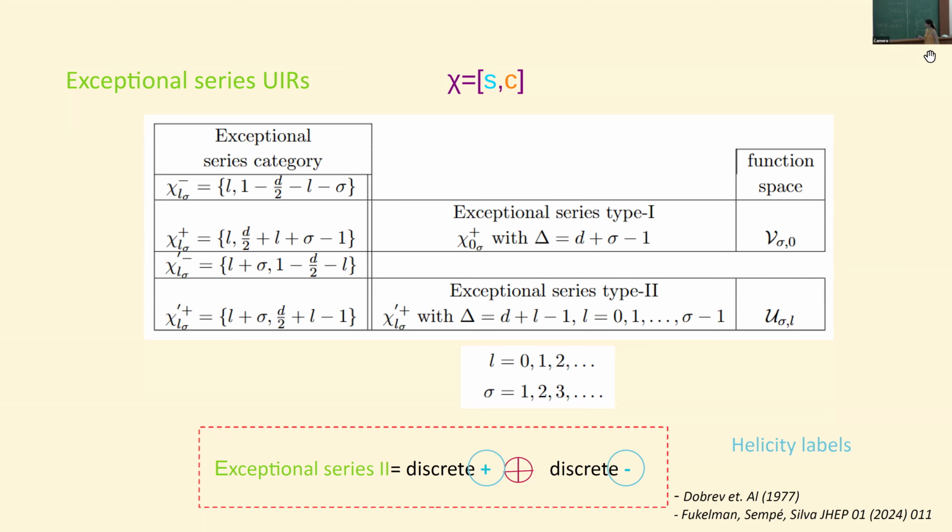What are you calling one and two? Exceptional series type one and exceptional series type two. See, one of them just has L as its spin value, the other one has L plus sigma. Okay, so different tangent space spins. Yes.